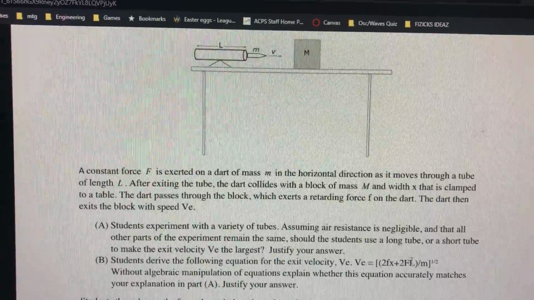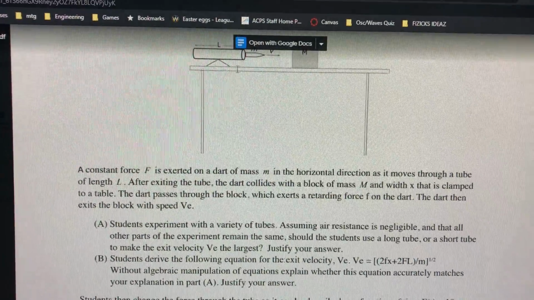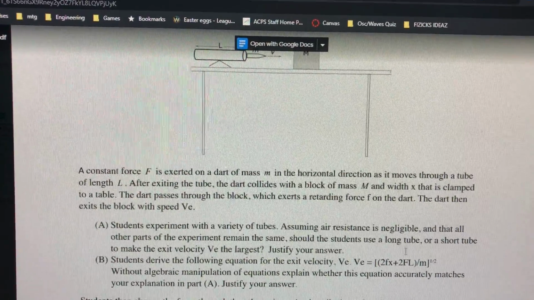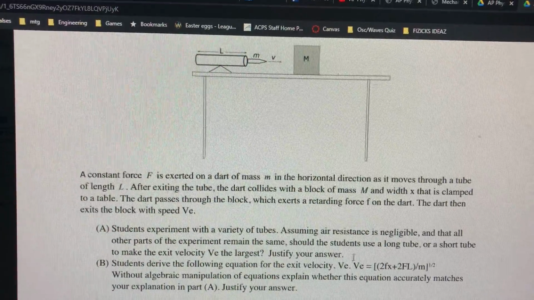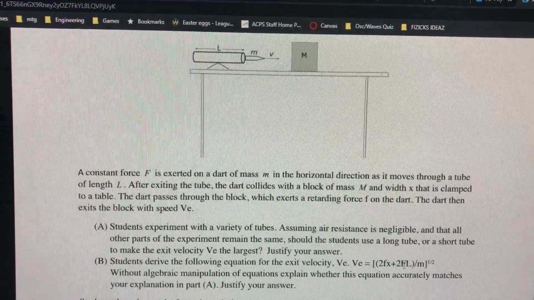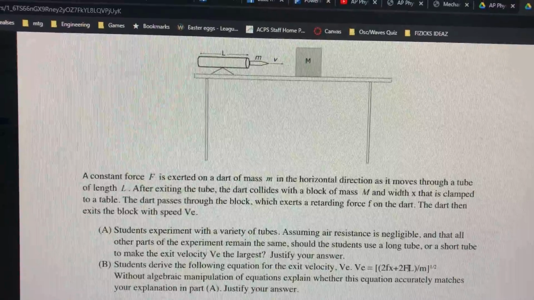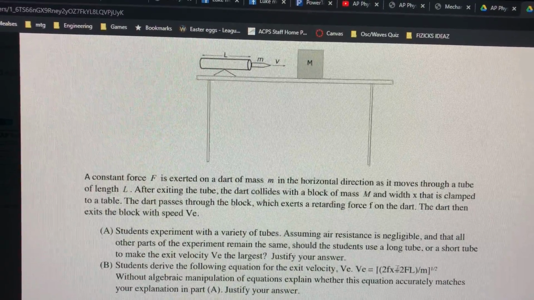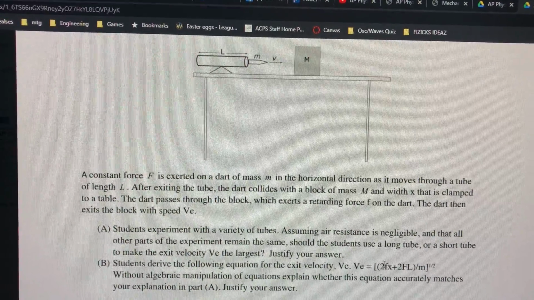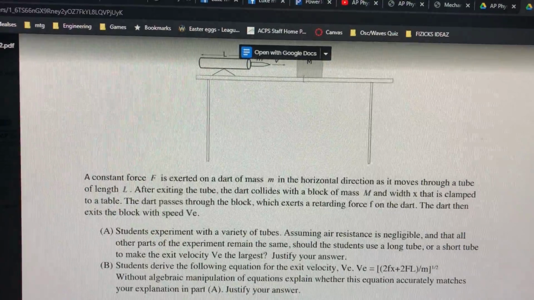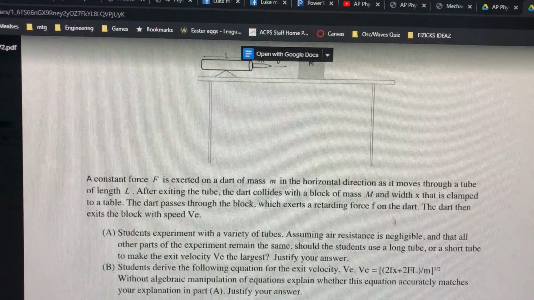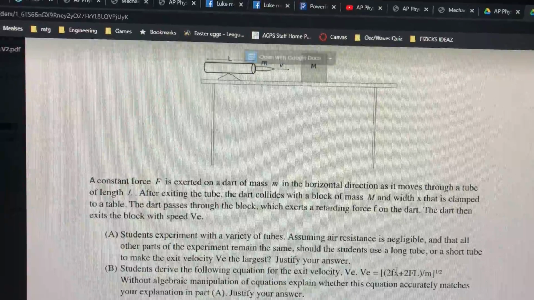We said if you make a really big length of tube, the longer tube, longer L, that should result in a higher exit velocity out of the block. So if this is a positive number and we really make this L big, this is going to be a big positive number. This is a negative force. x, the width of the block, doesn't change. This is a set value, 2fx.